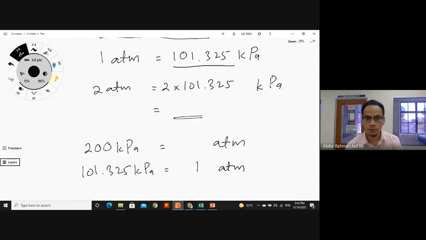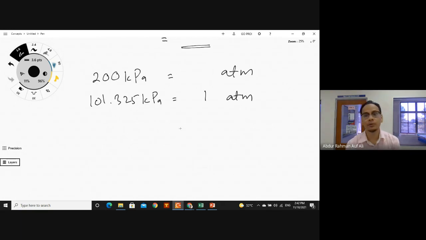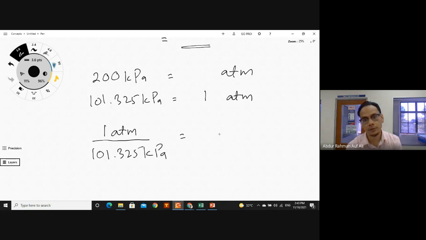So how you can solve this is by using cross multiplication. I would do it like this, the ratio. So 1 ATM divided by 101.325 kilopascal equals X ATM.